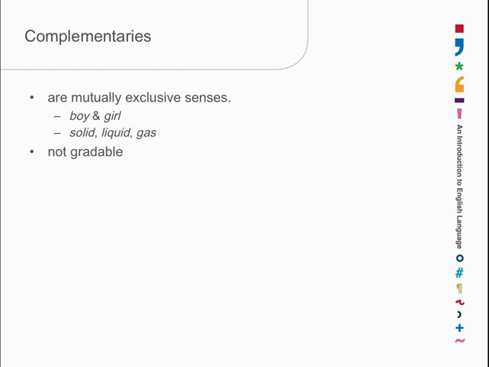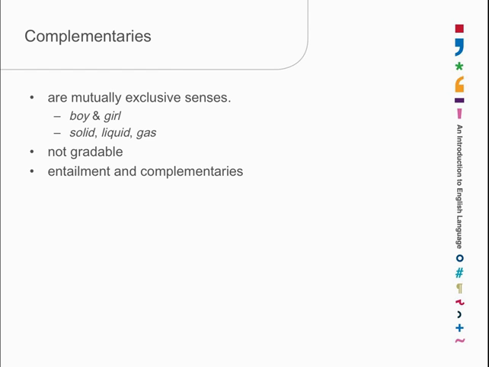These are not matters of degree. It's either one or the other. So how does the entailment work? Well, we've just done that, haven't we? If there are three of them, if something is not a gas and not a liquid, then it follows that it must be a solid. So complementaries also have entailments.